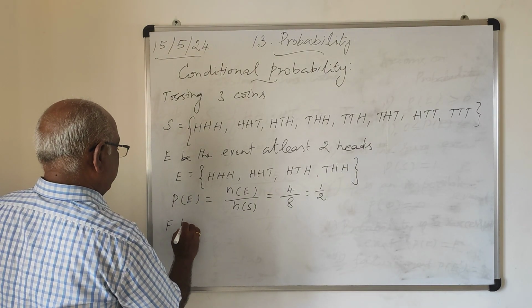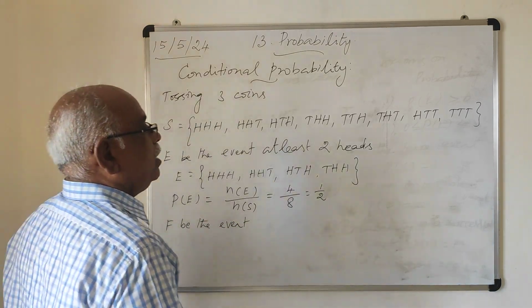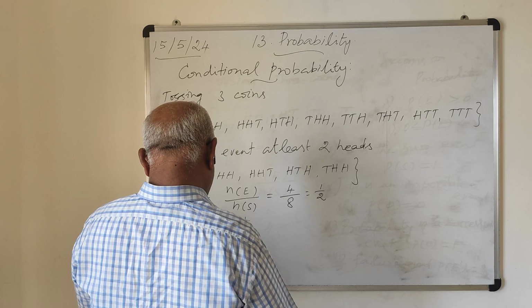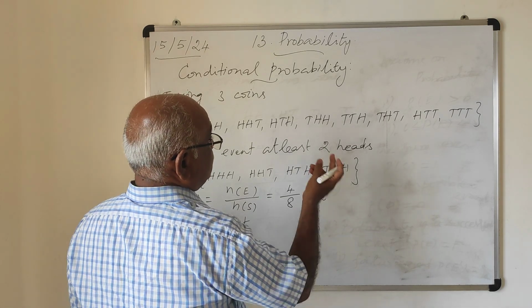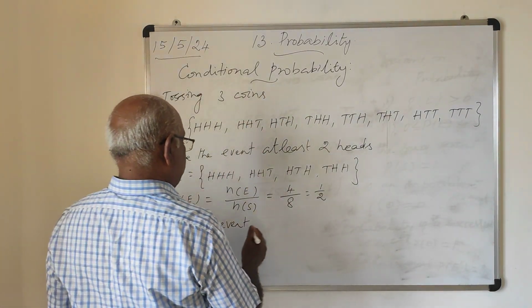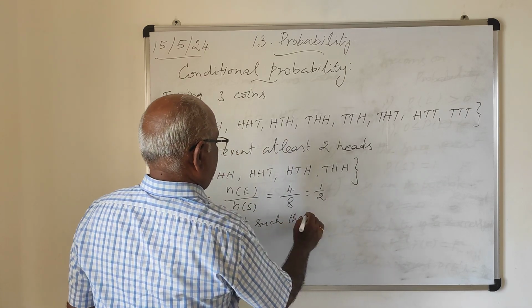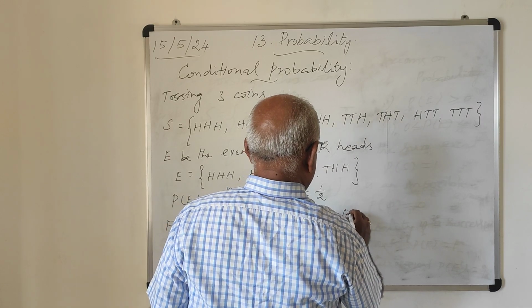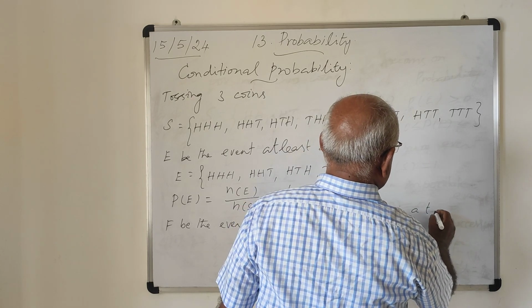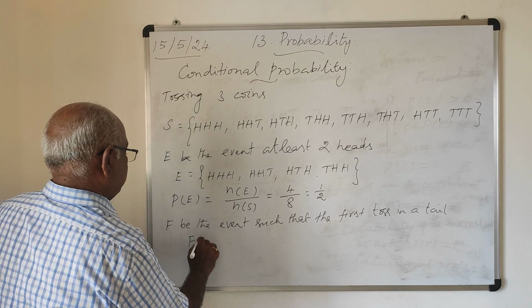Similarly, F is the event of getting at least 1 tail. F is the event such that the first toss is a tail.